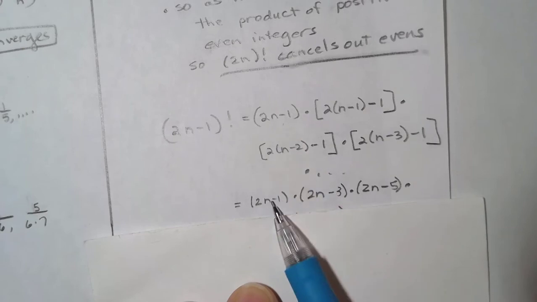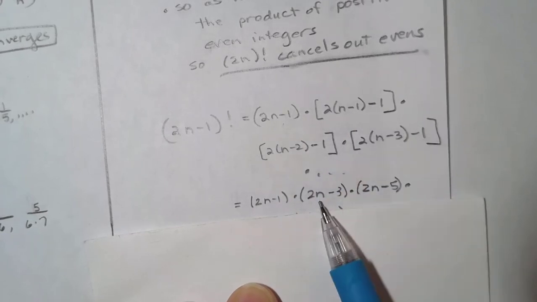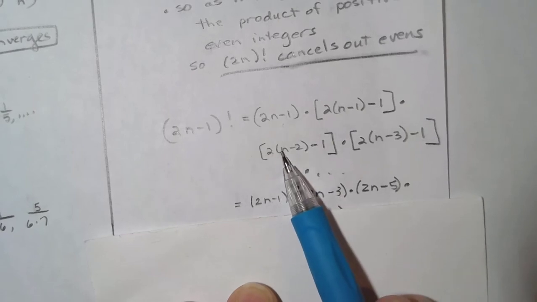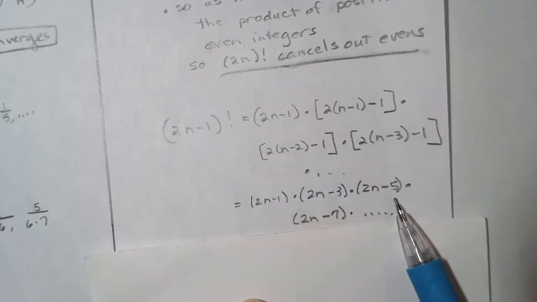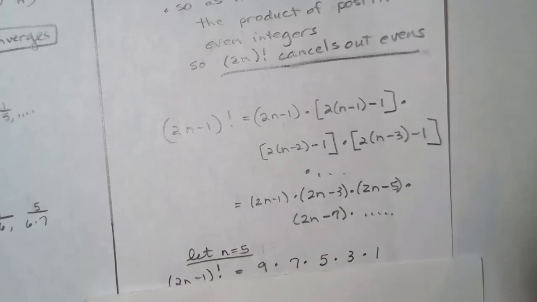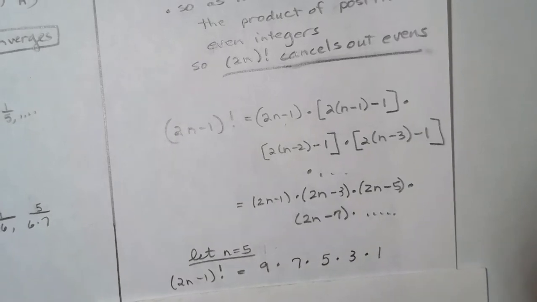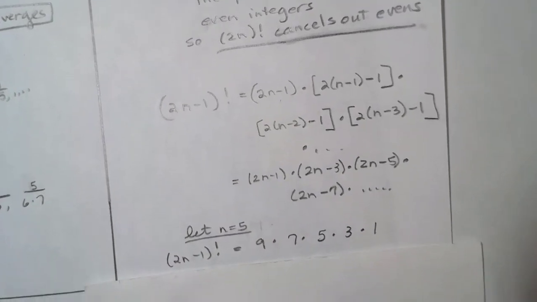That would make this 2n minus 1. 2n minus 2 minus 1 is 2n minus 3. This is 2n minus 4 minus 1, 2n minus 5. This will become 2n minus 7, and so forth. So if we let n equal 5, then the 2n minus 1 factorial is going to be 9, 7, 5, 3, 1. So we're looking at odd factors there.